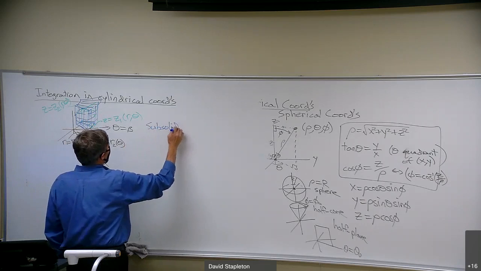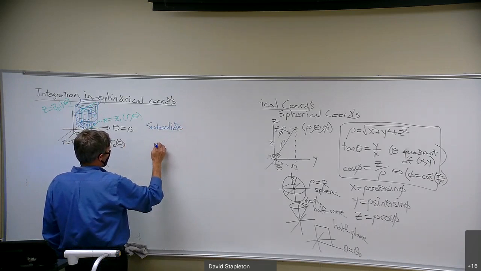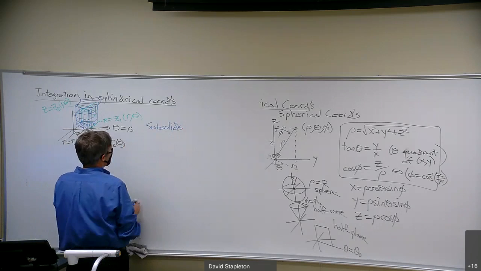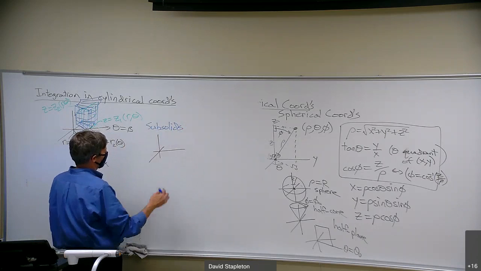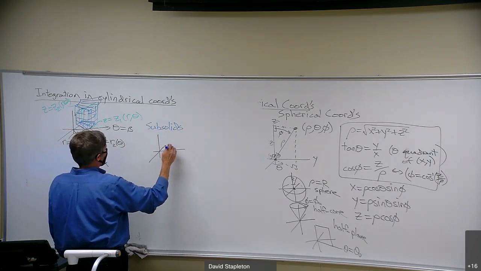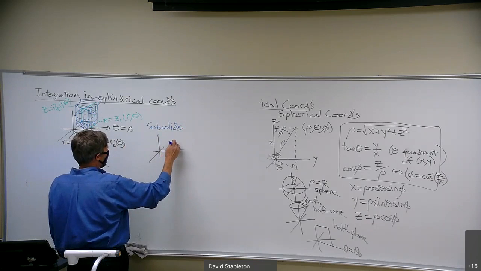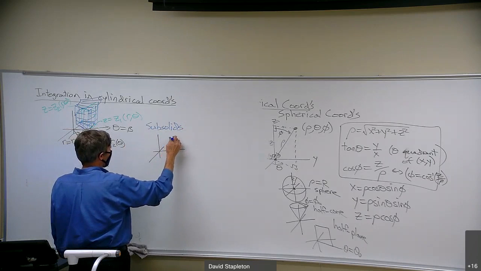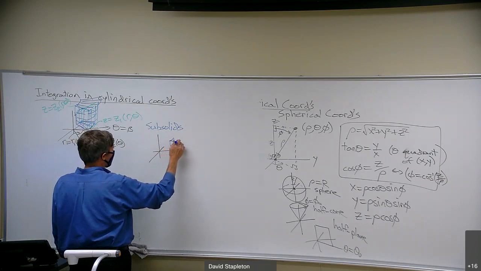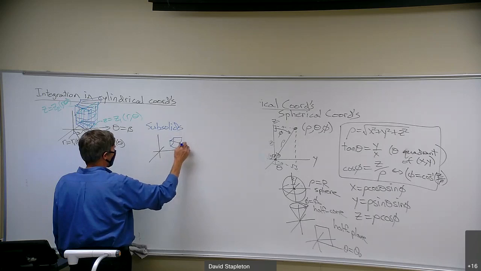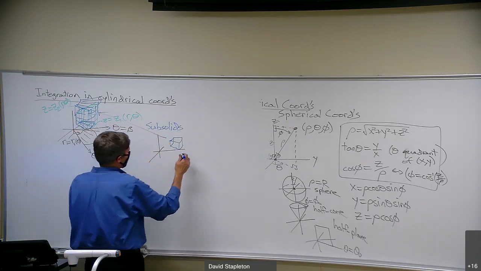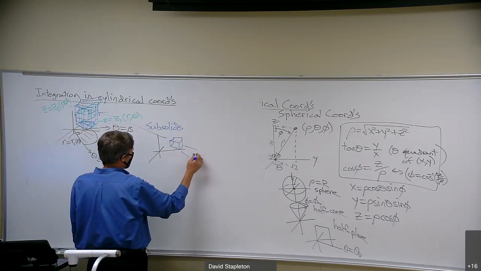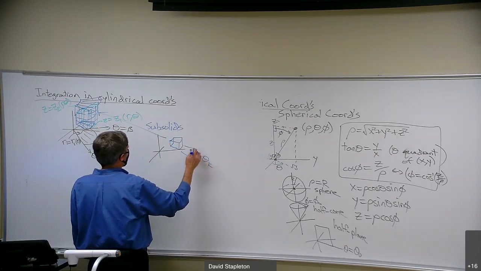Subsolids are now this kind of a region. This will remind you a lot of polar coordinates because it's just polar coordinates plus Z. Each subsolid is like this, and it has an angle change, delta theta k for the k-th subsolid.